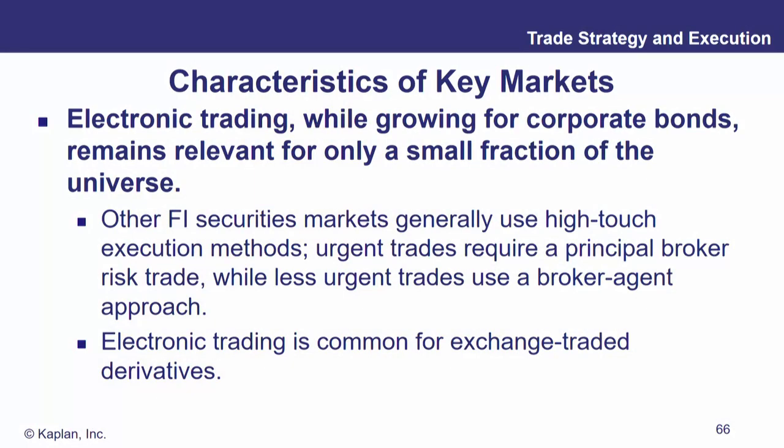Okay, the other thing that's important to know about fixed income: I would immediately start thinking about high-touch execution methods, especially with urgent trades. If you have an urgent trade, you're going to use a high-touch approach, and you're most likely to use a principal broker that's going to take that risk.